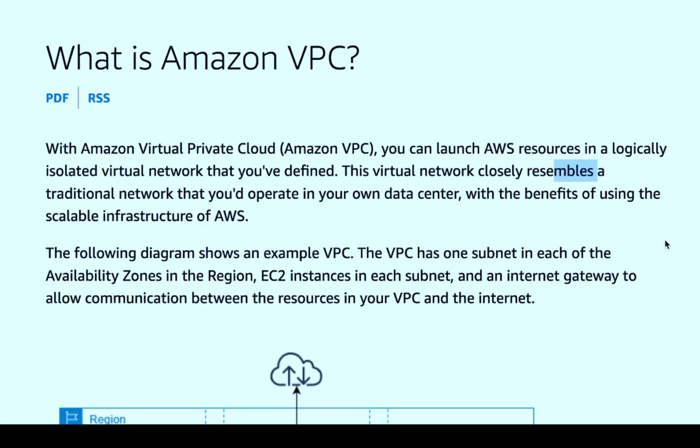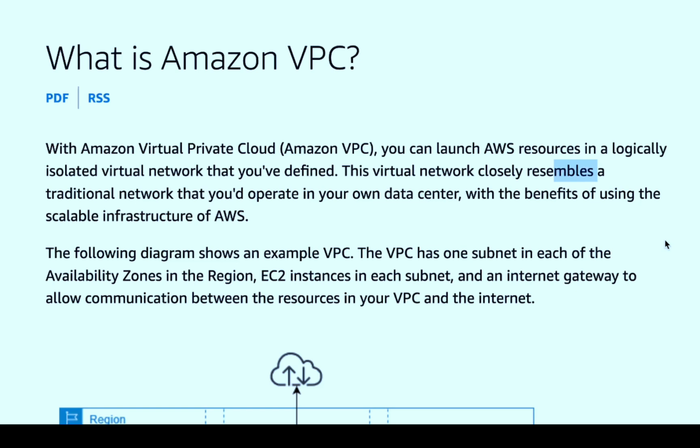So let's say you want a scanner, then you have to go for another wire or some sort of cable management. So instead of it, you connect all the things to a network. That's exactly what's happening. That's exactly why we have Amazon Virtual Private Cloud, an isolated virtual network that I can define for myself. So that's basically what they mean by you can launch AWS resources in a logically isolated virtual network that you have defined.